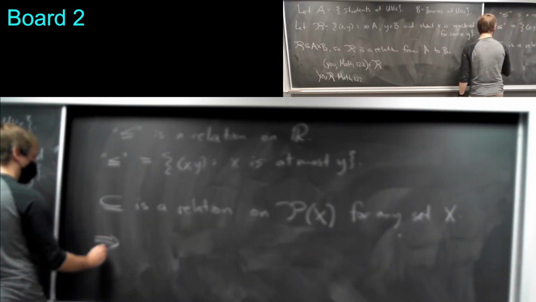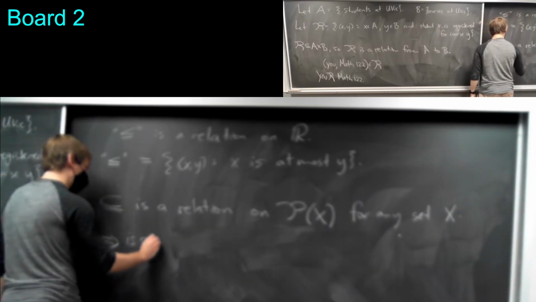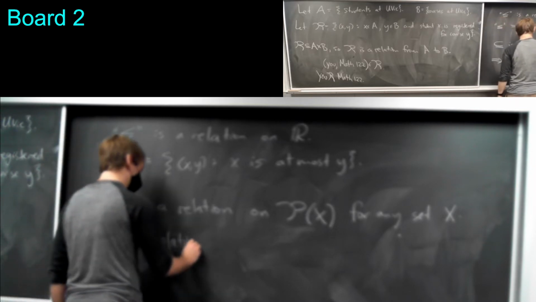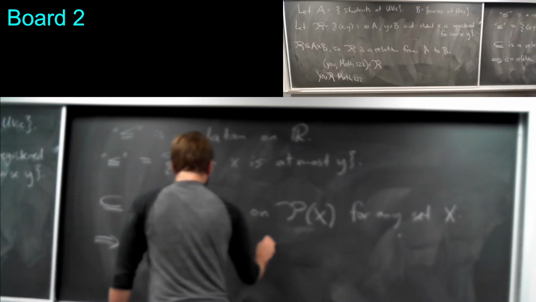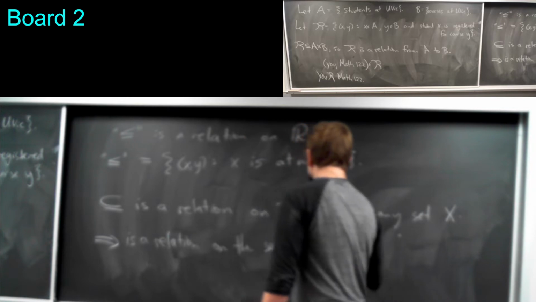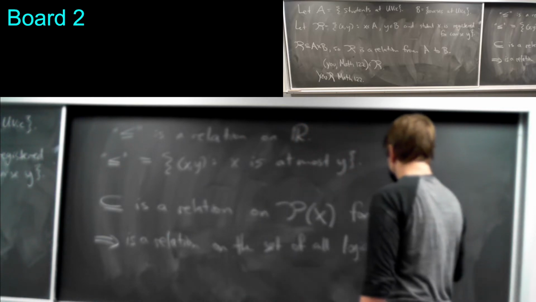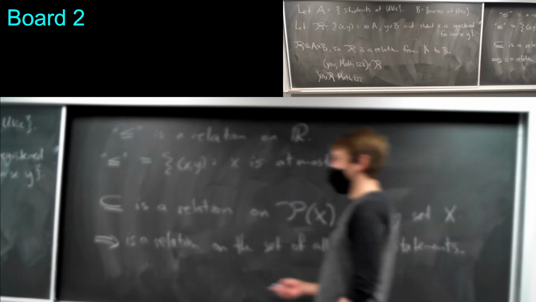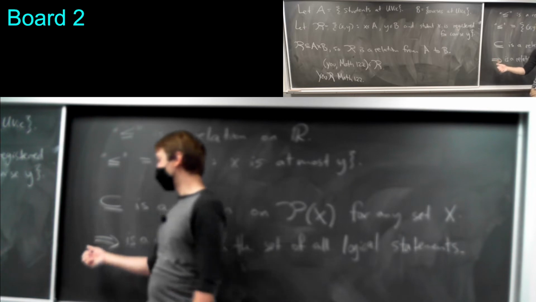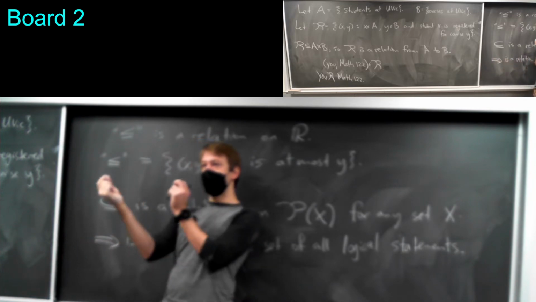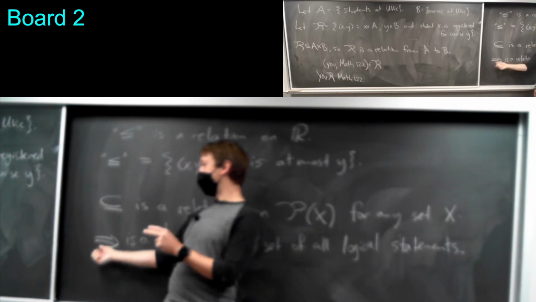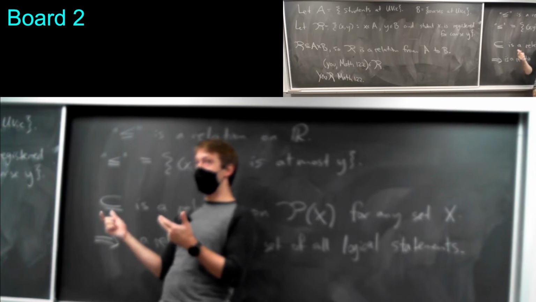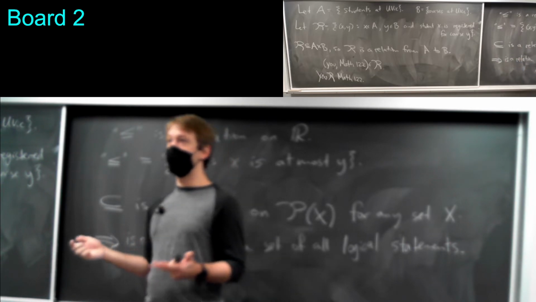Logical implication is a relation on the set of all logical statements, right? It indicates a relationship between two things. So basically, anything where you have two mathematical objects and there's some relationship between them that's being indicated by a symbol, all of these things are relations.